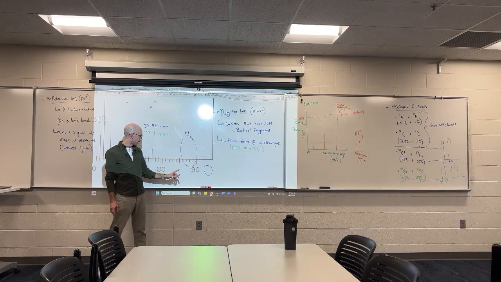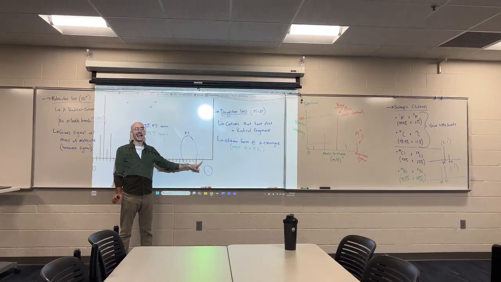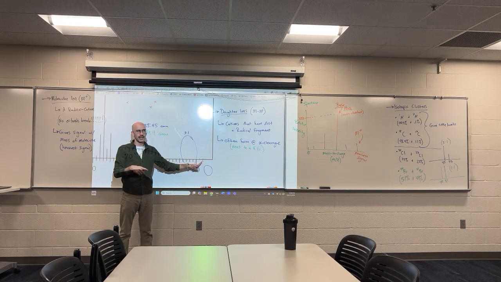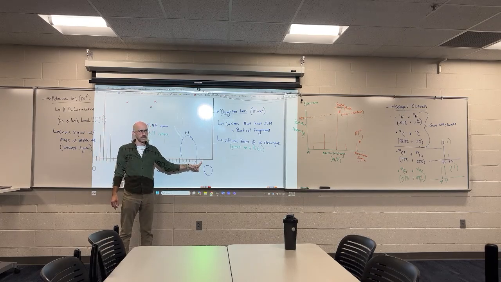You can't really see that because it's not given to us, but that is also an isotopic cluster. You also can't tell because they're incredibly small. I know it's an isotopic cluster because it's a molecular ion, and I know it's a molecular ion because it's showing up at the mass of the molecule.